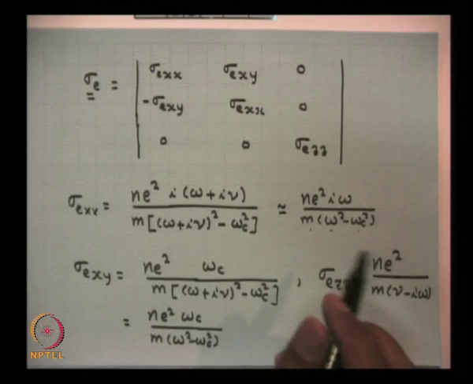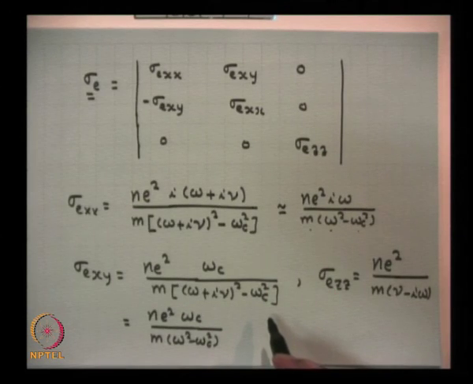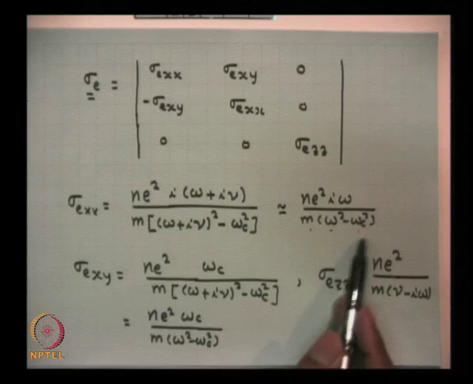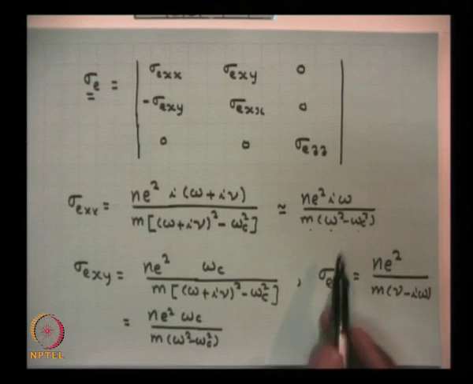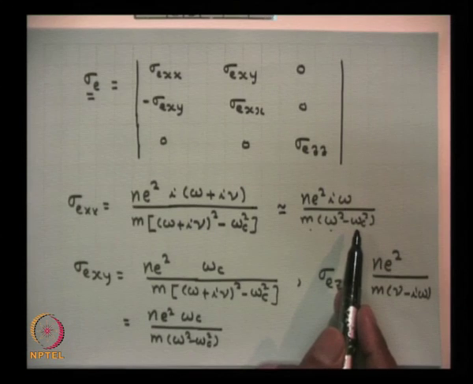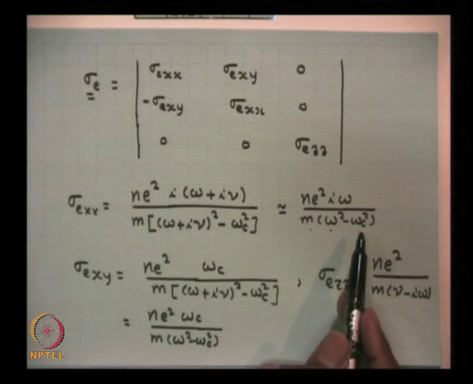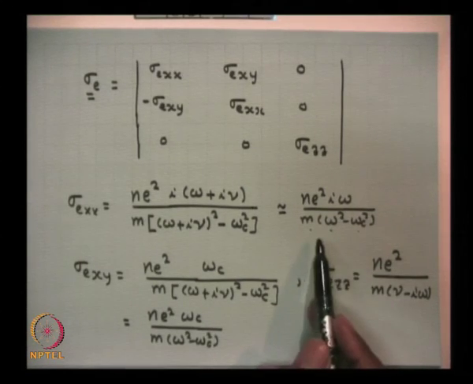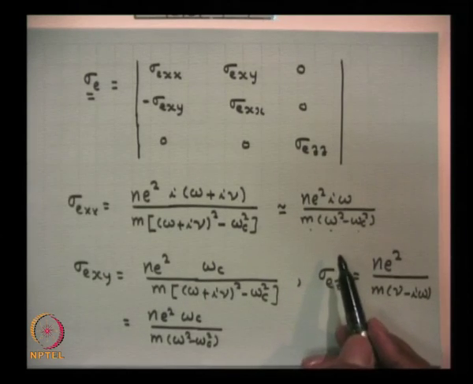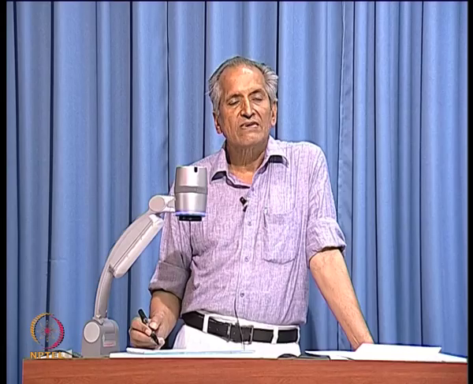That is a very important consequence of the magnetic field, and this presence of the cyclotron resonance effect at the electron cyclotron frequency as well as at the ion cyclotron frequency gives rise to very important wave phenomena that are useful in exploring space plasmas as well as laboratory plasmas.